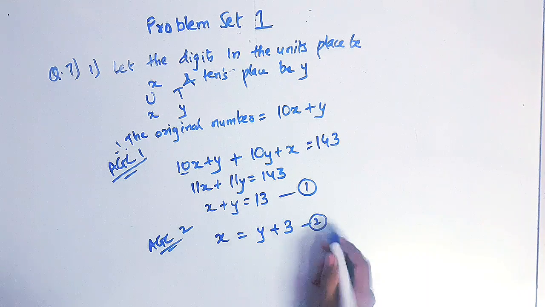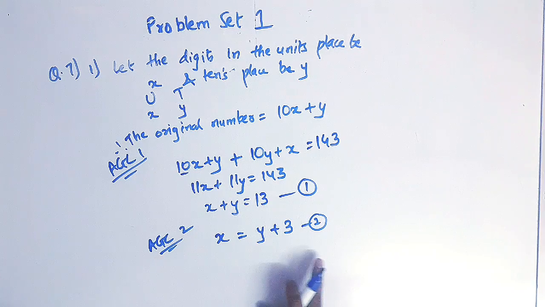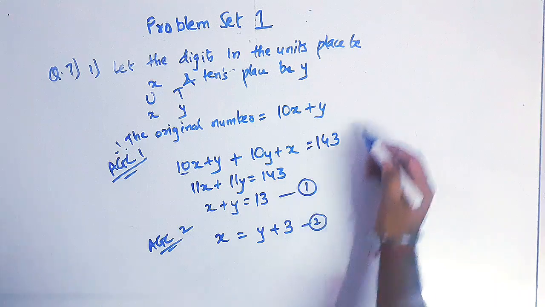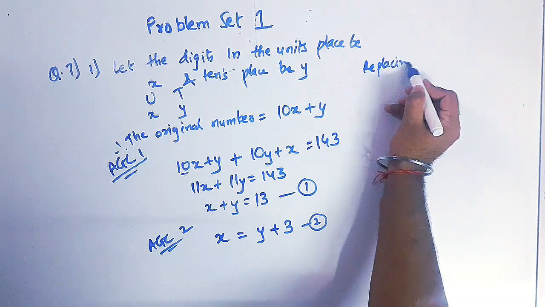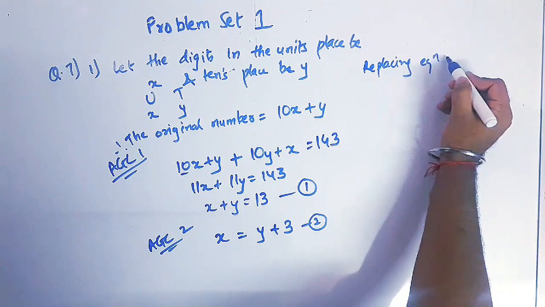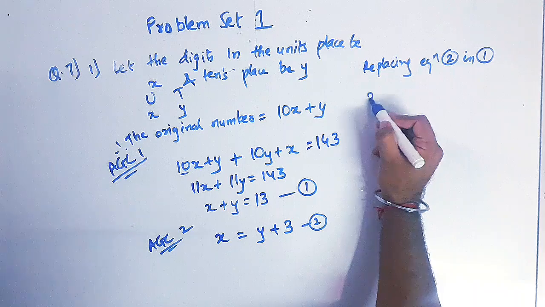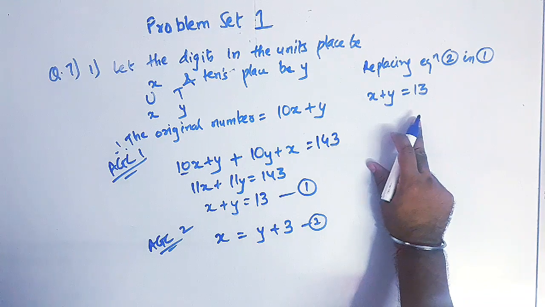You got equation 2. Now no need to write this in the form ax plus by equals c, because we can use the substitution method here. So replacing equation 2 in 1: I'll write equation 1 again, x plus y equals 13.